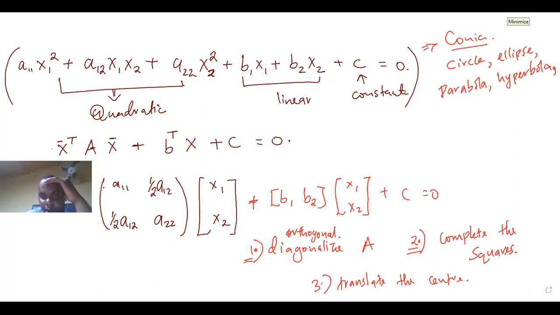But how do you orthogonally diagonalize A? You can do that by finding its eigenvectors and eigenvalues.